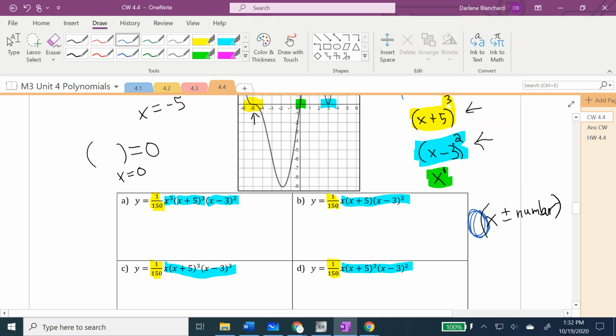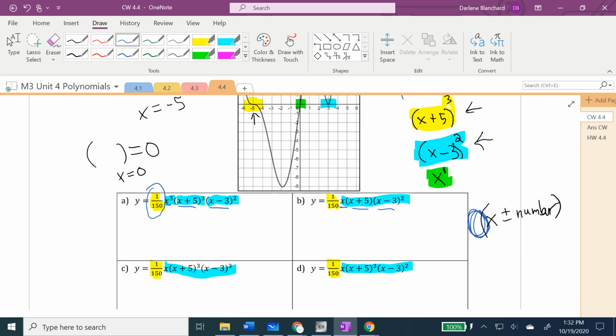If you have x leading every one of these linear factors in the interior, then what you can be guaranteed of is the front number is the leading coefficient. So all of these are showing a leading coefficient of 1 over 150.